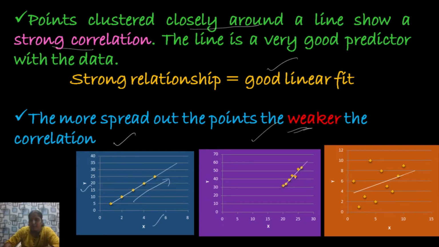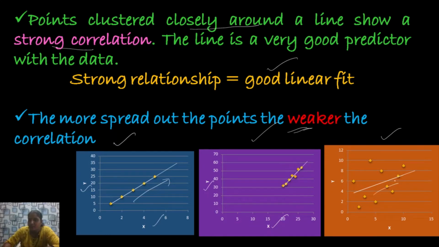Look at the second case. Some of the points cluster away from the line, but there is very low deviation of the points from the line. So I may get the idea about the two variables x and y that there exists a high positive correlation between the two variables. Also, look at the third case.